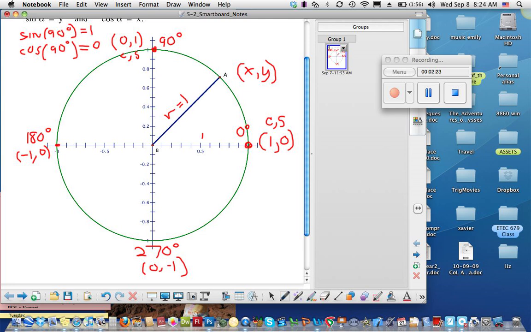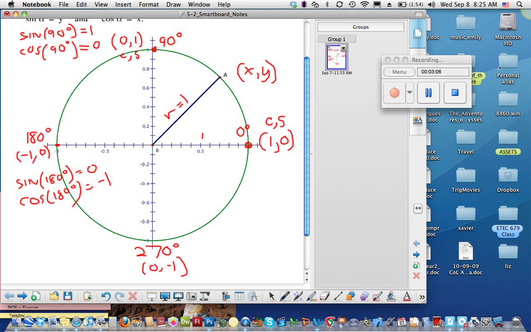So up here at 180, we're going to have the sine of 180 degrees is going to equal the y value, or equal to 0, and the cosine of 180 degrees is going to equal the x value at that point, which is negative 1.